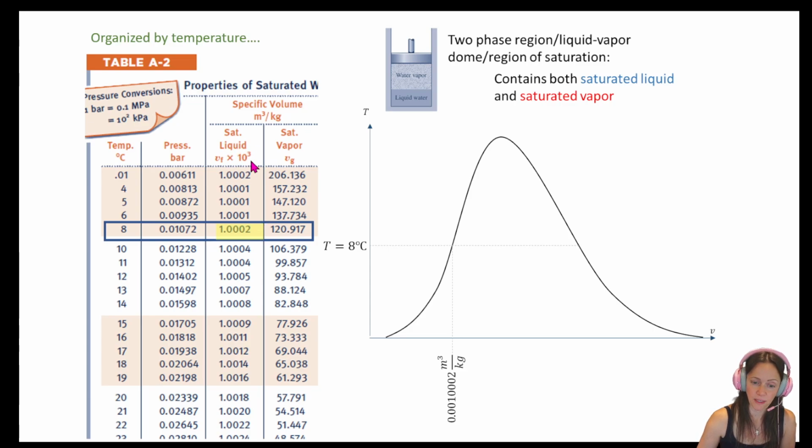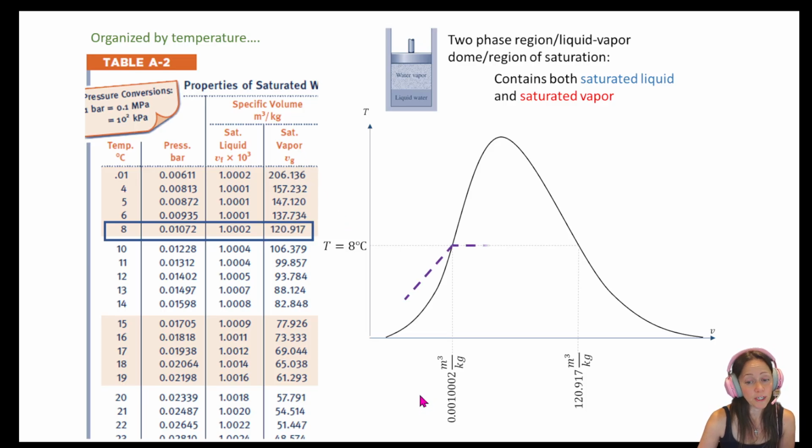That's what that means right there. So it's not 1.0002, it's 0.00100002 meters cubed per kilogram. And then if I were on that saturated vapor line, well, it'd be this number right here, 120.917 meters cubed per kilogram. This has not been multiplied by anything.